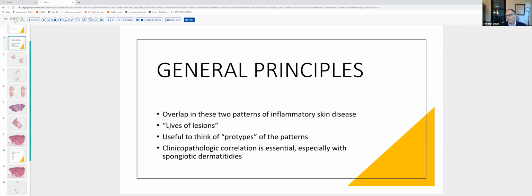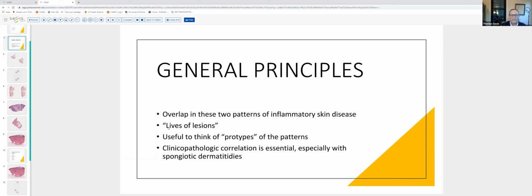Also, I think it's useful to think in terms of prototypes of the pattern. I think most of you are probably already doing this. Our prototypical example of a spongiotic or eczematous dermatitis in general might be something like contact dermatitis or nummular dermatitis. Our prototype of a psoriasiform dermatitis, obviously, is psoriasis.